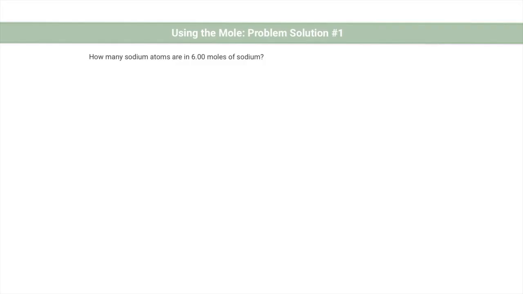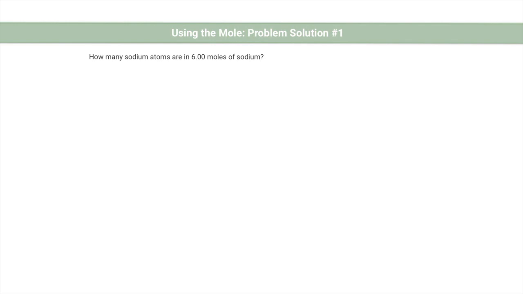Okay, so let's review our problem solutions for the practice problems that you just did involving basic mole calculations. Our first problem asked us how many sodium atoms are in 6.00 moles of sodium.